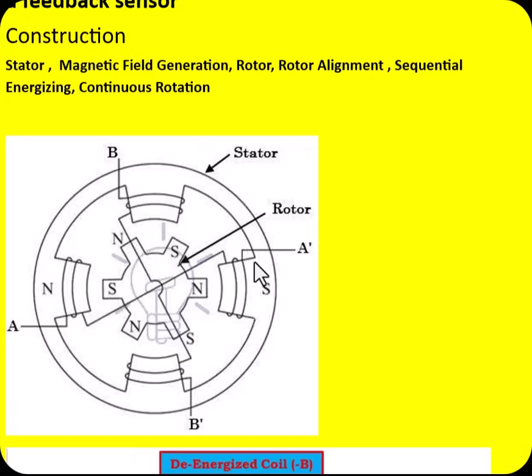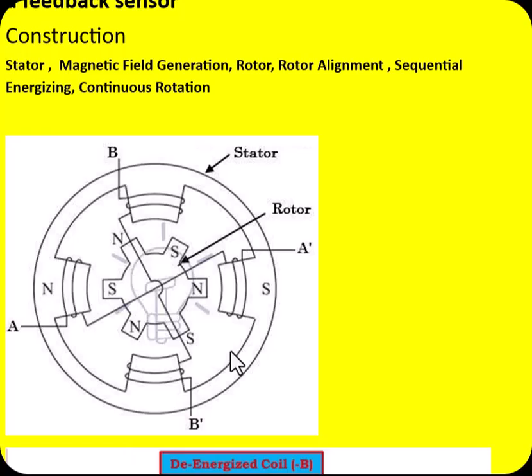Next, again, the B winding is de-energized, means supply is disconnected, whereas A phase winding is connected to the supply so that it forms here south pole and this forms north pole. And here this is the north pole and south pole, so they attract each other.